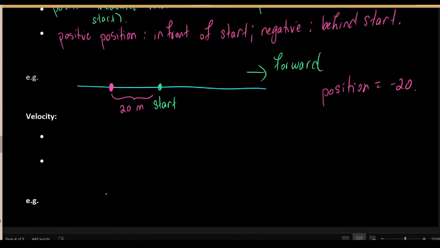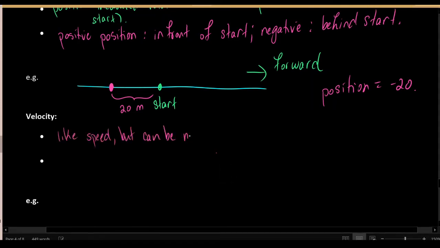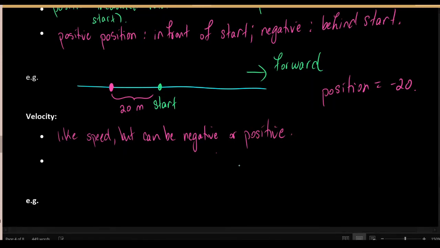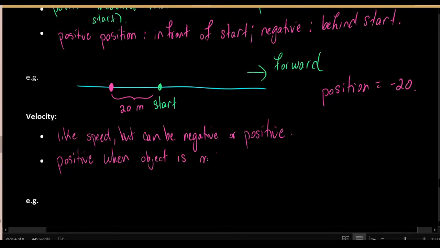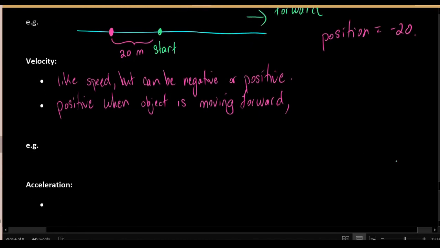Velocity is the technical term for when we are looking at an object's speed, but we are allowing the speed to take on either negative or positive values. The agreement is that the object's velocity will be positive when the object is moving forward. The velocity will be negative to communicate the fact that the object is moving backward.